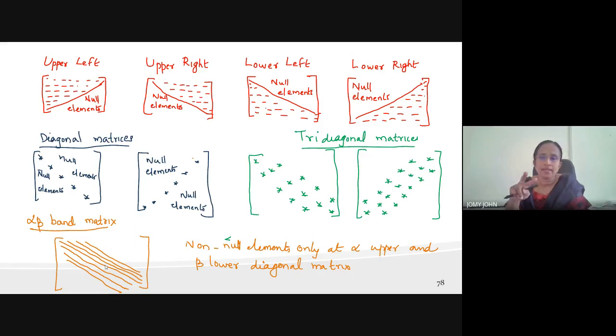Then tridiagonal means there are three diagonals. Along with the main diagonal, there will be a diagonal on the upper side as well as the lower side. It can be either forward diagonal like this or backward diagonal like this. Alpha beta band means non-null elements only at the alpha upper and beta lower diagonals.